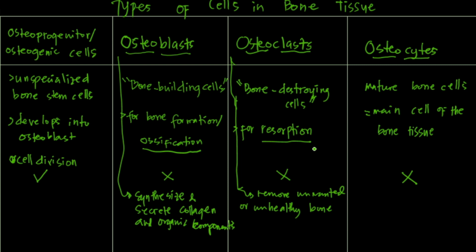There might be increasing activity in your osteoclast, so that is not normal actually. That is why knowledge about this type of bone cells is very important to understand bone diseases or other pathology that can affect the normal functioning of your bone cells.